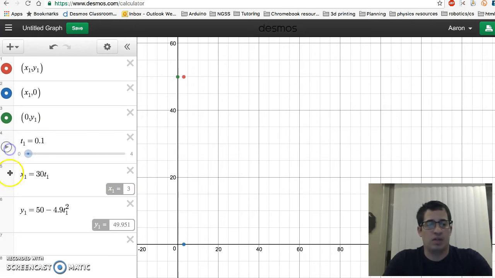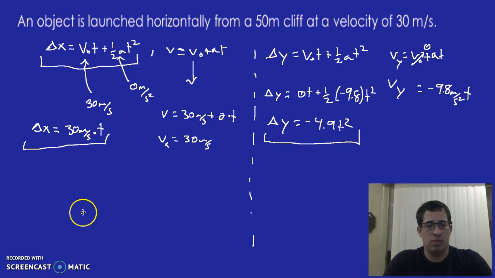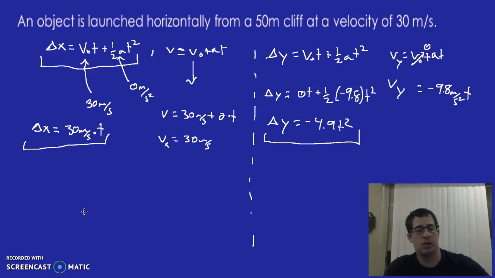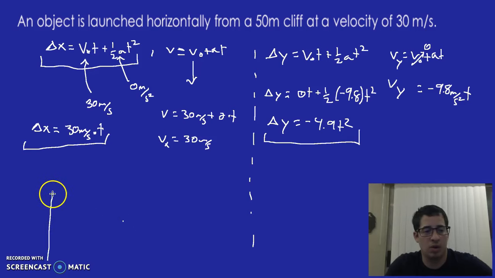That in itself isn't that big of a deal, but this becomes really useful in questions involving, let's say, a scenario that could come up, and we're not going to look at anything this complex right now. Let's say we have launched a projectile off of a cliff, and the hill that it's going to land on is sloped at some angle.